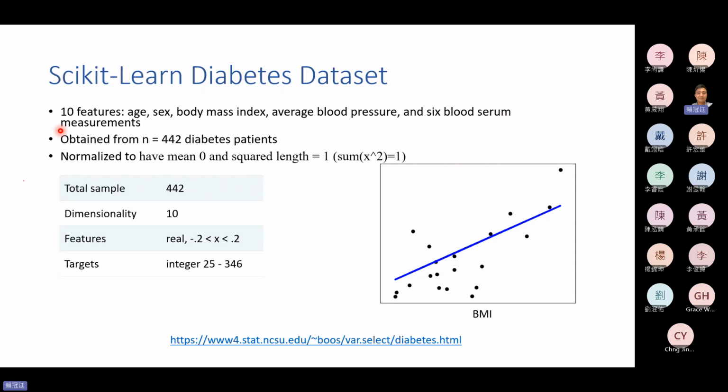I don't know what that is, maybe blood quality measurements. And we select only a single feature to visualize the line, right? What is the most relevant feature to diabetes? You guess. It's supposed to be BMI. So BMI is very important.